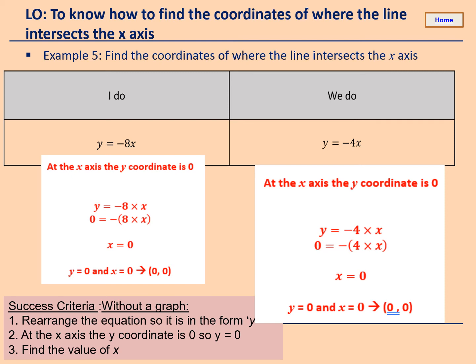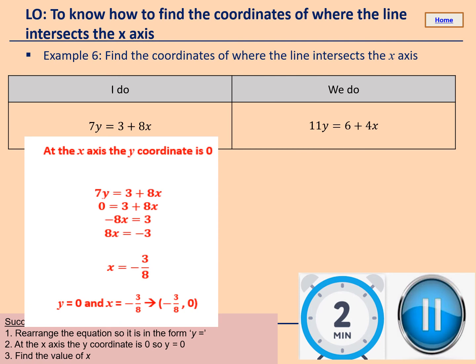Final example: 7y equals 3 plus 8x. So we substitute in that the y-coordinate is 0. 0 equals 3 plus 8x. Subtract 8x from both sides and we get minus 8x equals 3.